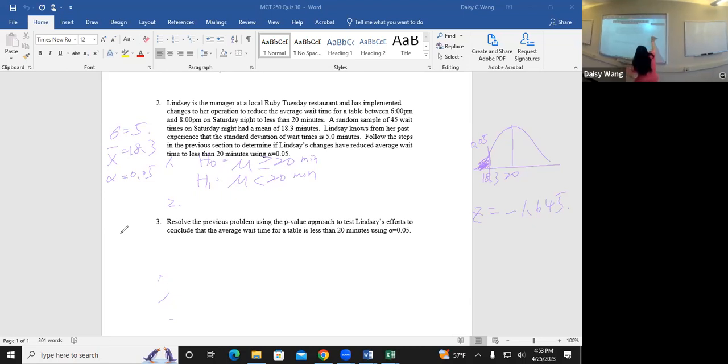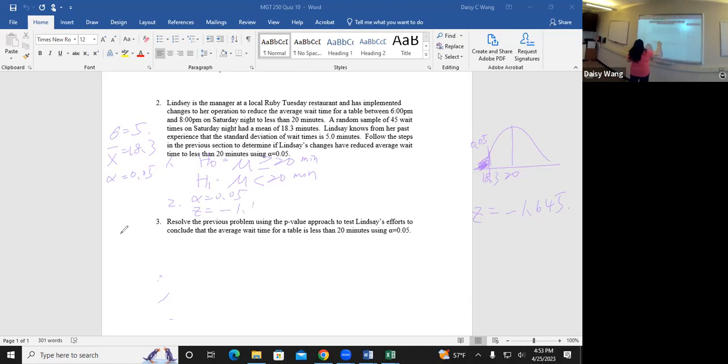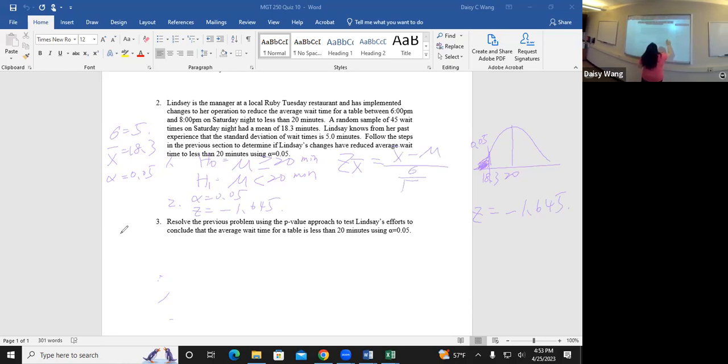This area is only 5%, 0.05. So alpha is 0.05. Z will be negative 1.645. One tail. So the Z for X bar will be X bar minus mu divided by this.